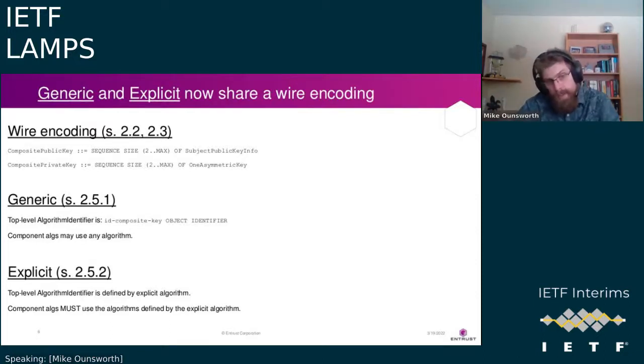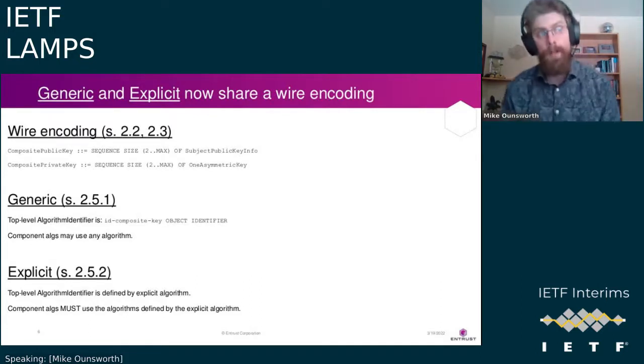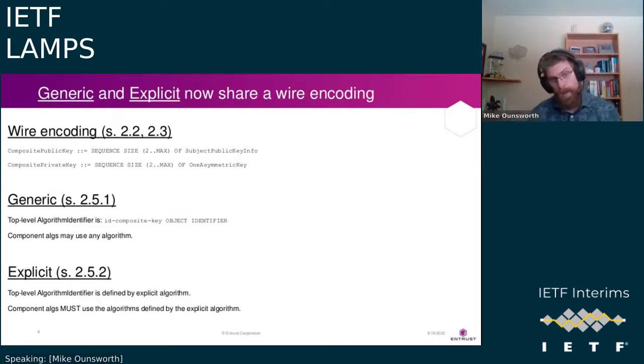The difference with explicit is that with an explicit composite, the top level algorithm identifier is defined by the algorithm. So you would have a draft that says this is RSA with SPHINCS+, and then the component algorithms must use the algorithms defined by the explicit algorithm. Hopefully that's clear. And then I have the wire encoding on the next slide.